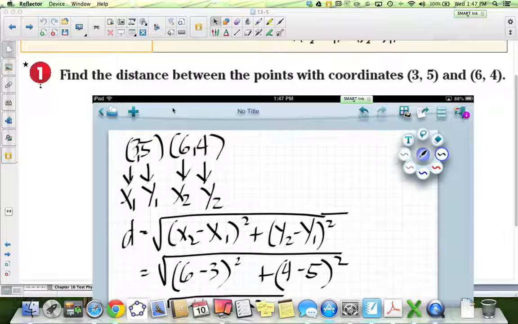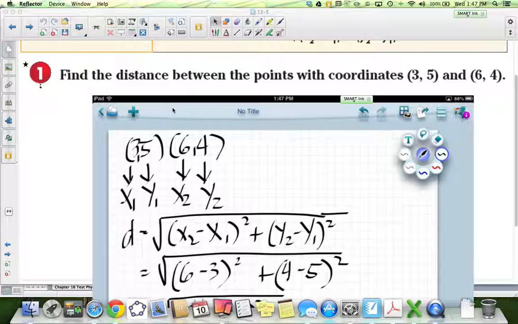If you notice, whenever you square a number, you end up with a positive number. So you end up with 9 plus 1, which is radical 10. Now that is the distance between those 2 points, which is radical 10.